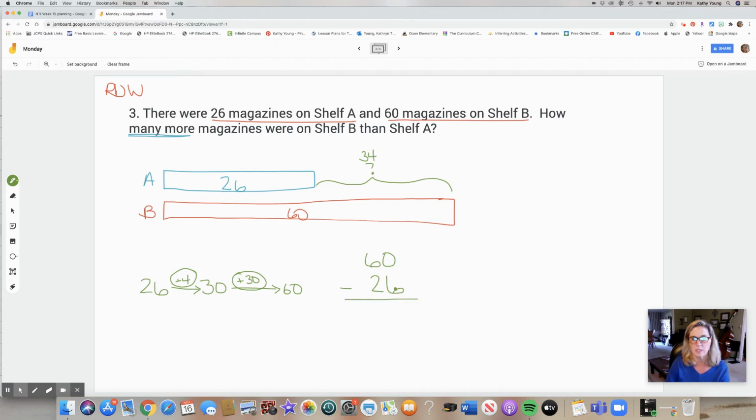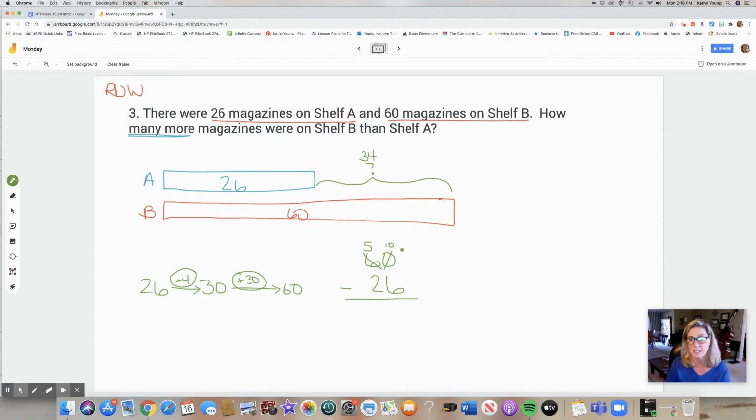I cannot do 0 minus 6, and you cannot flip it upside down. A lot of people say, oh, 6 minus 0, and they want to write a 6. You cannot flip subtraction problems upside down. Works with addition, not subtraction. So I need to regroup a 10. So now I have 5 10s left, and now I have 10 1s.